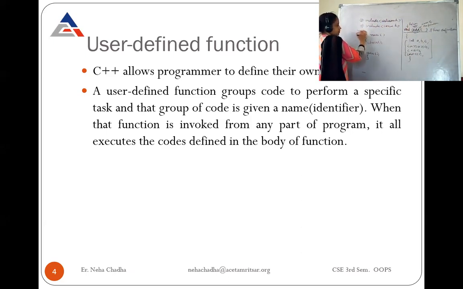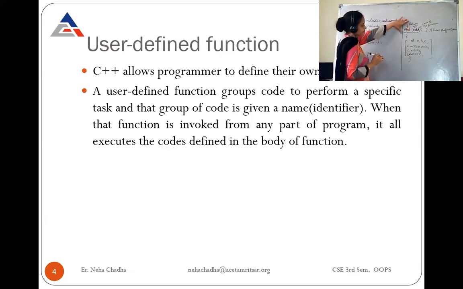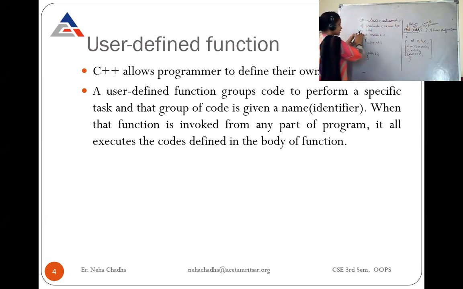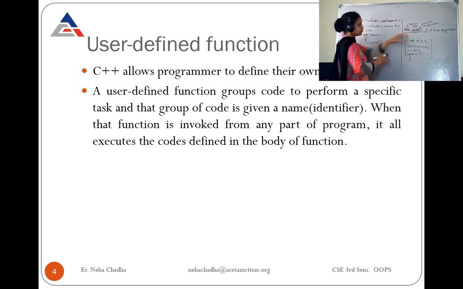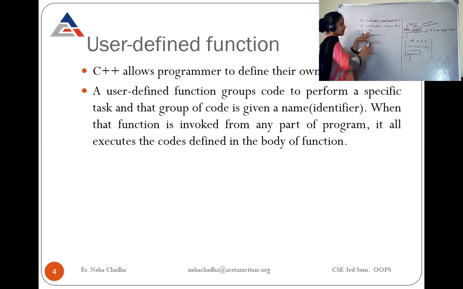Then comes the function prototype. Whatsoever return type you have mentioned here, you have to write down that same return type here. If you are using void here, you have to write void here. Whatsoever your function name, you have to write down the same function name. I am using the add function here, so I will write add with no parameters here, and it should be ended by a semicolon.